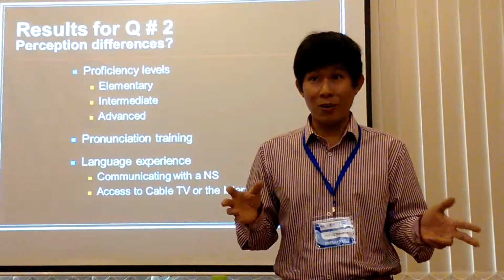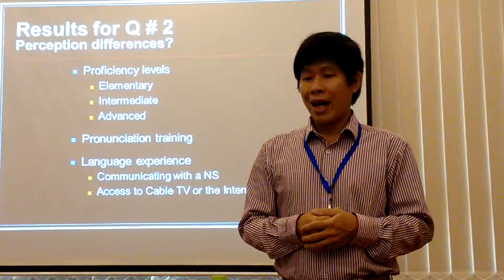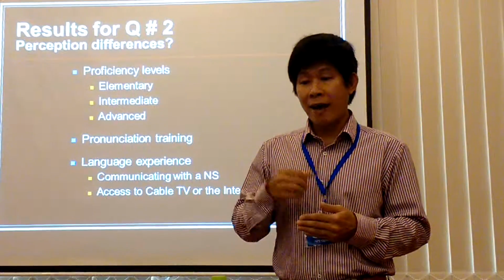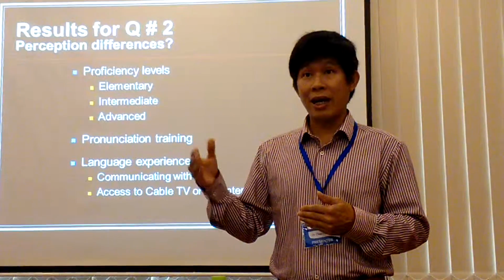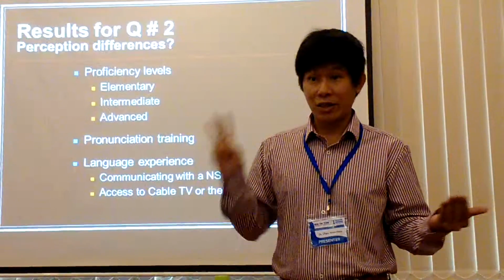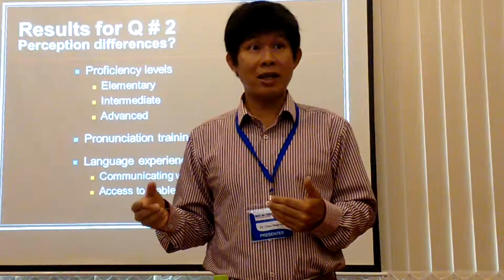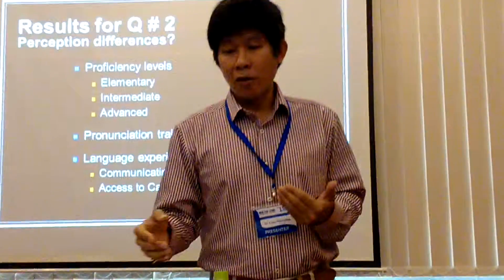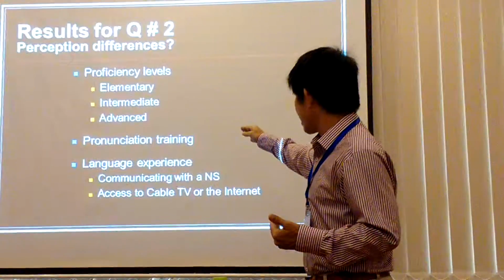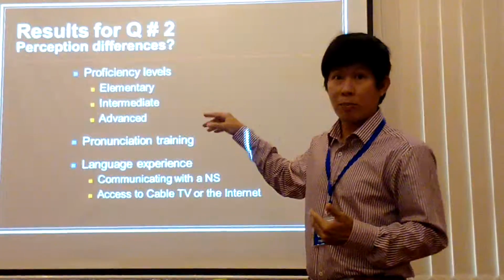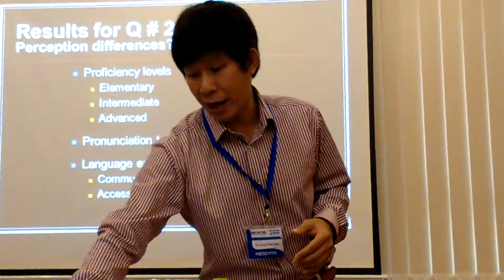So just yes or no, 2 groups, right? Language experience means have they ever communicated with a native speaker or not, 2 groups. Whether they have access to cable TV or the internet, also 2 groups. So for the last 2 categories, I use t-test, but for the first one, 3 groups, I use ANOVA.